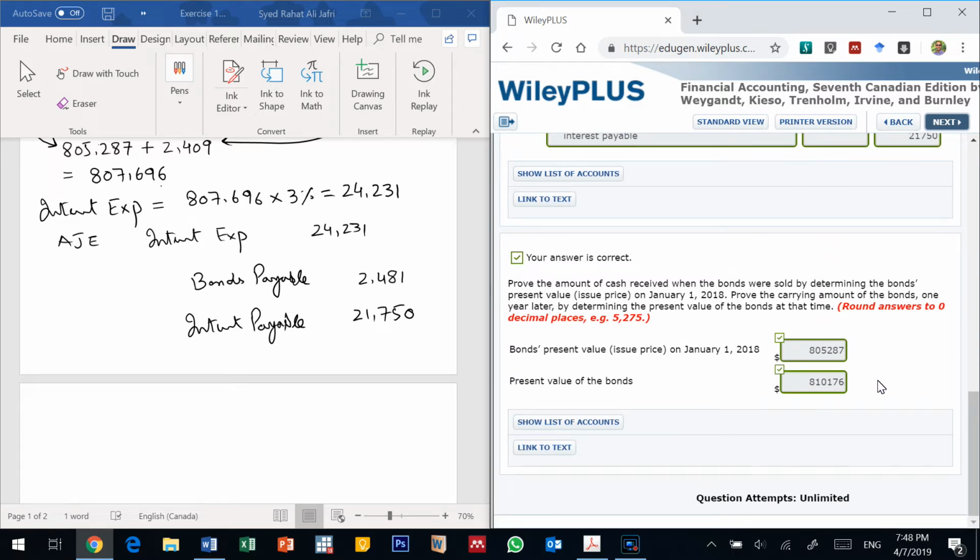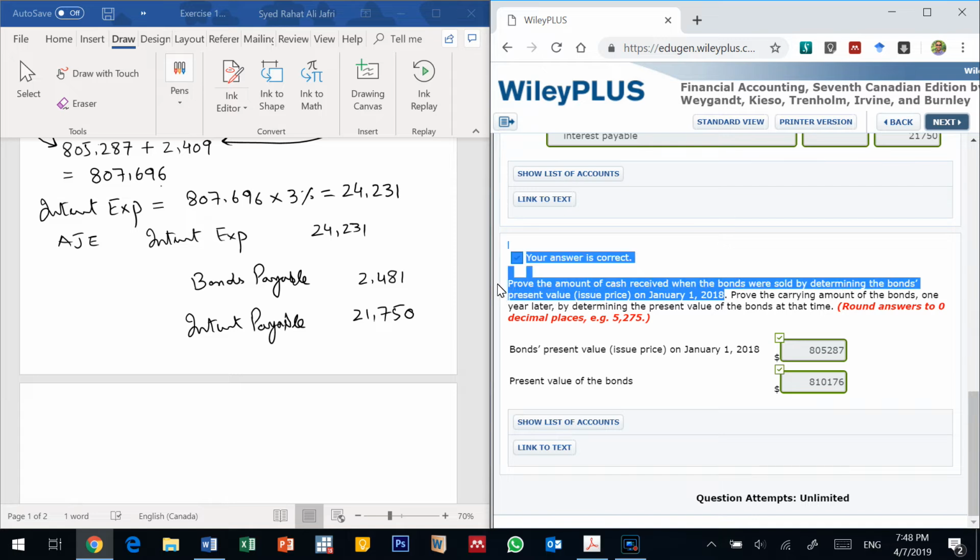The problem is with part B of the third question of this problem. So let's read what it is asking. Prove that the amount of cash received when bonds were sold by determining the bond's present value on January 1, 2018.